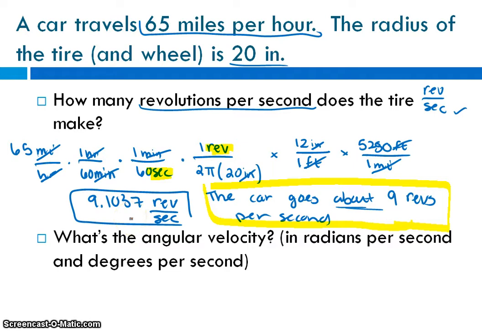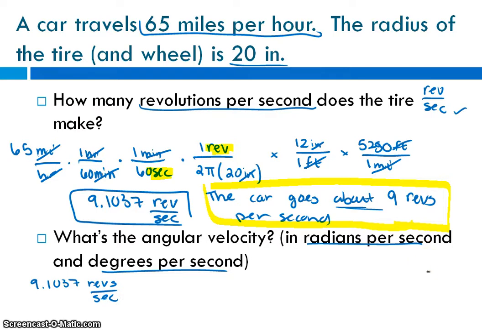Okay, the second part says, what's the angular velocity in radians per second and degrees per second? So I'm going to want both. I'm going to start off by finding the radians per second. So I'm going to use some sort of rate, and I'm going to start off with the rate I have here, 9.1037 revs per second. And I want radians per second.